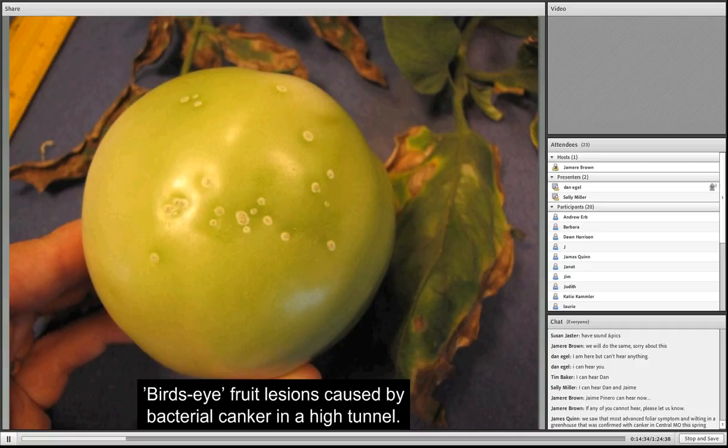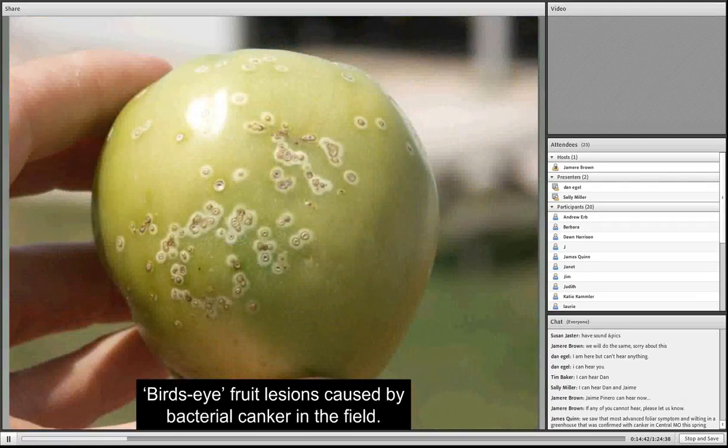And you see in the background here the firing symptom on the leaves that were found adjacent to the fruit symptoms. This is from the field, and you can see again that ghost-like lesion around the lesion itself, and you see it's almost raised and then sunken again.